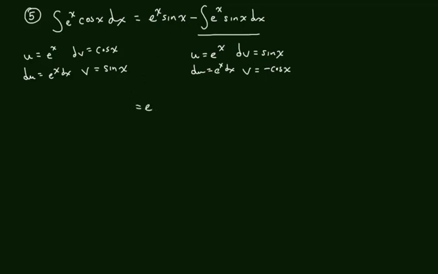So let's come down here. I have e to the x sine x minus bracket e to the x times negative cosine x minus, so plus, the integral of e to the x cosine x dx.